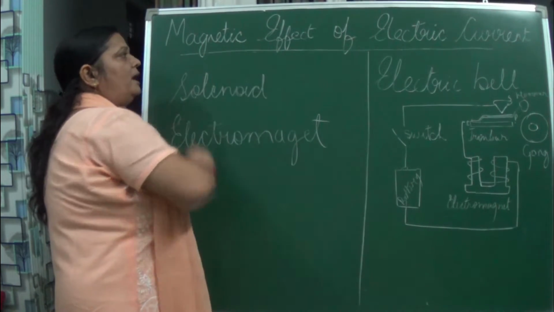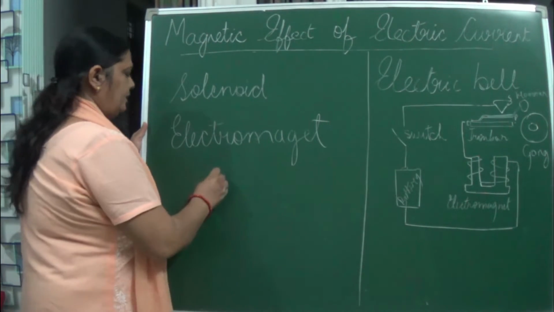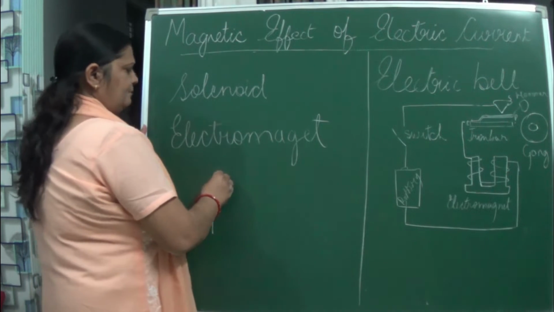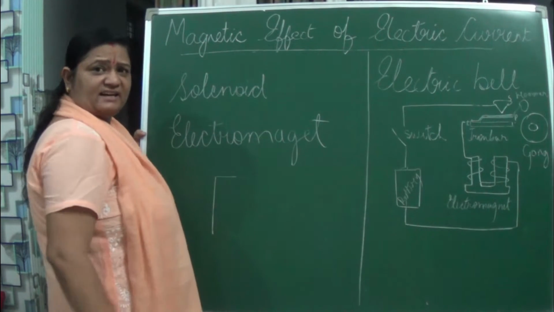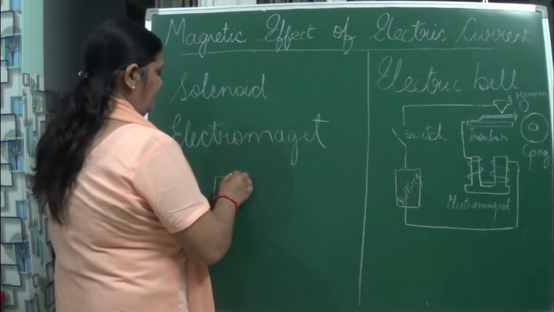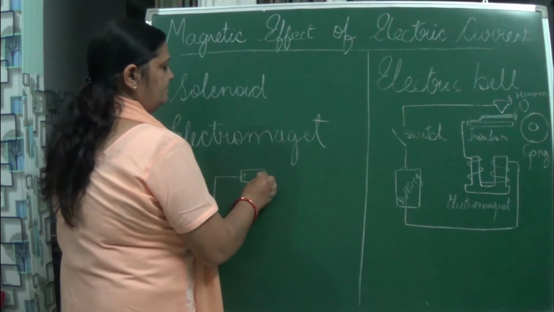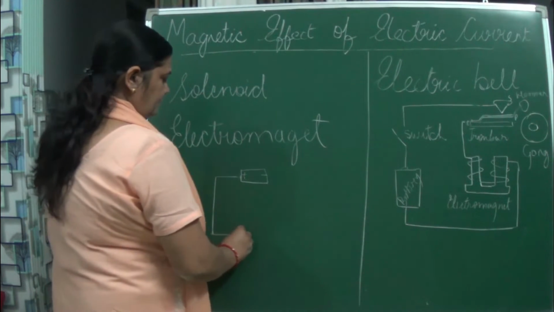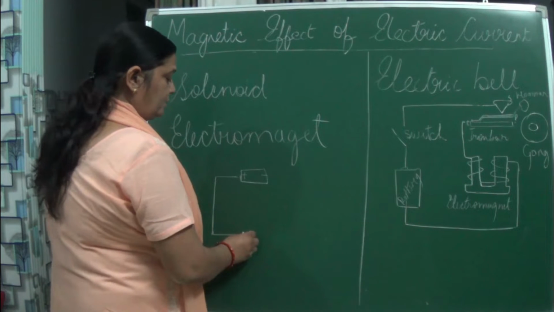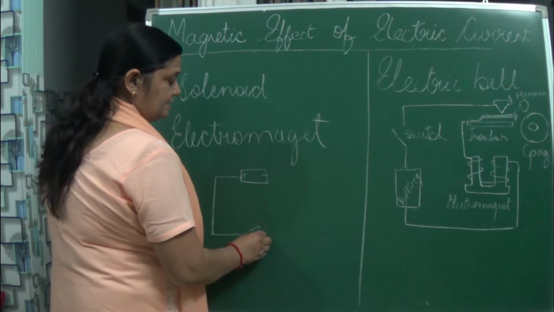See what happens. Take a simple wire which can conduct electricity. It has a battery, with positive and negative terminals, and a switch. This is just a circuit diagram.